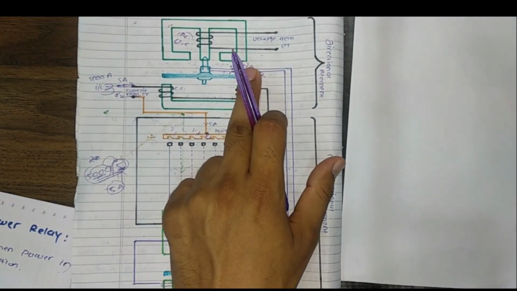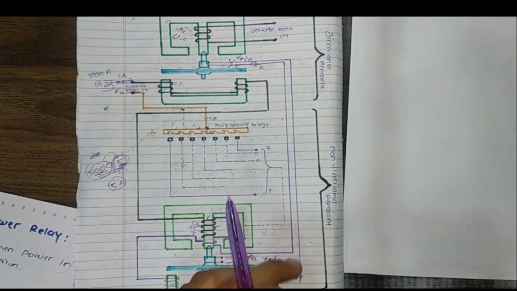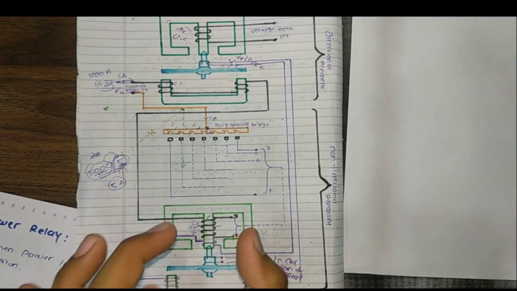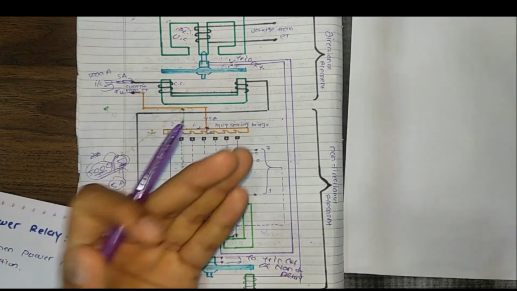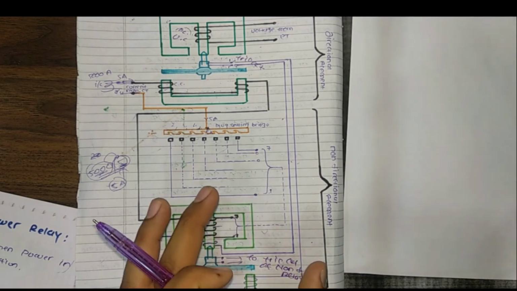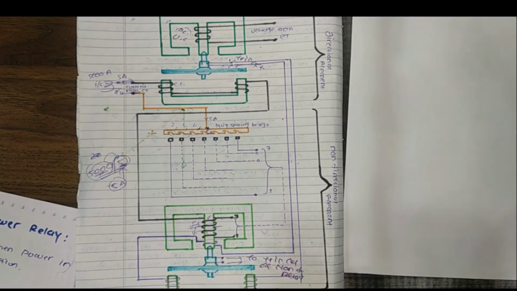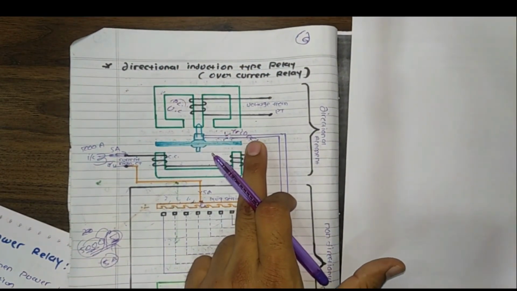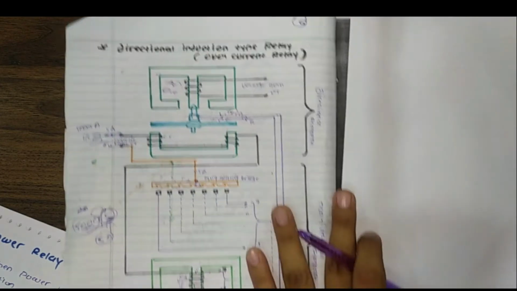Hence the induced EMF drives the current through it, producing another flux, and these two fluxes interact to produce the driving torque, which rotates the disc, and thus the contacts of the trip circuit get closed and it opens the circuit breaker to isolate the faulty section. So the directional element must operate first to have operation of the non-directional element, otherwise this will not operate.